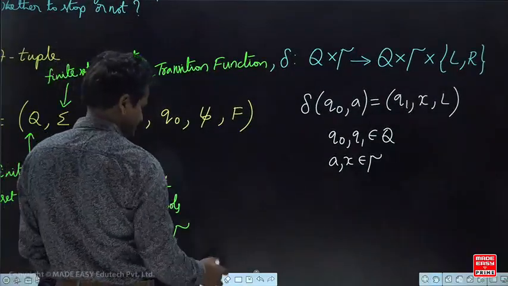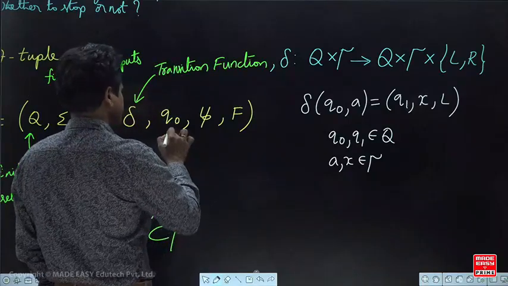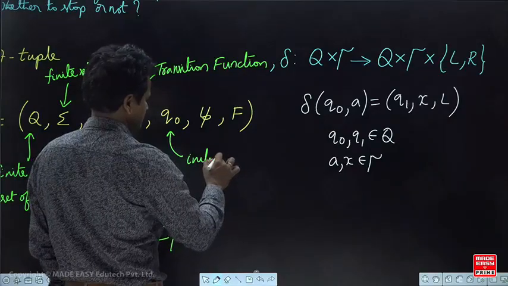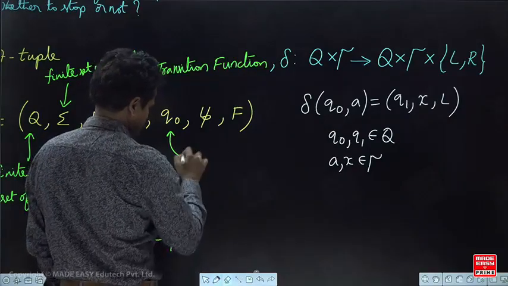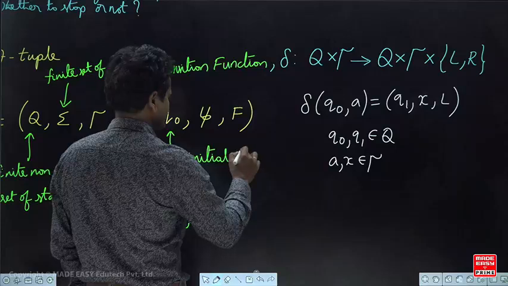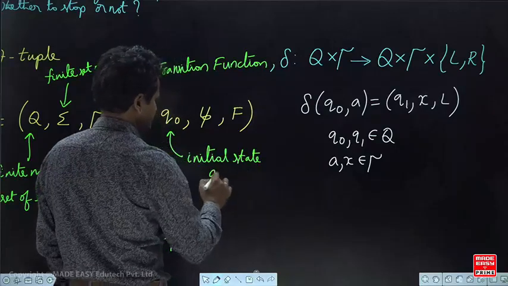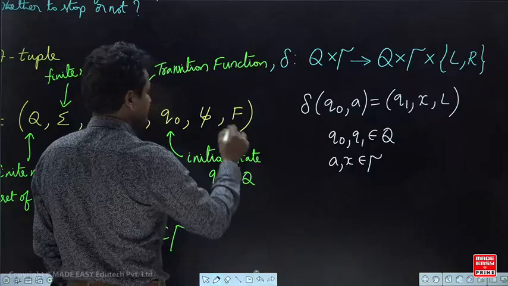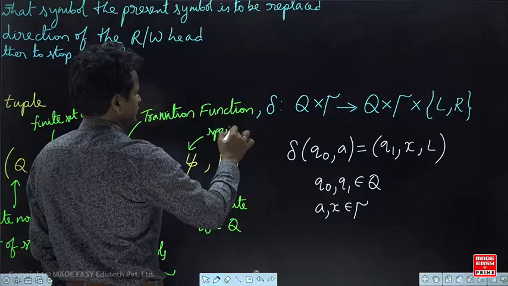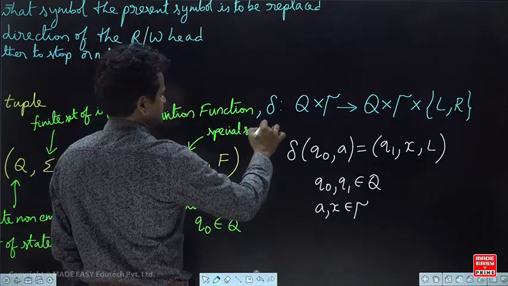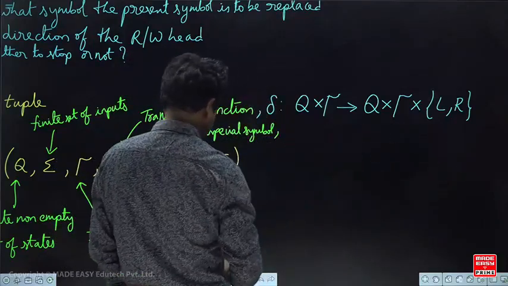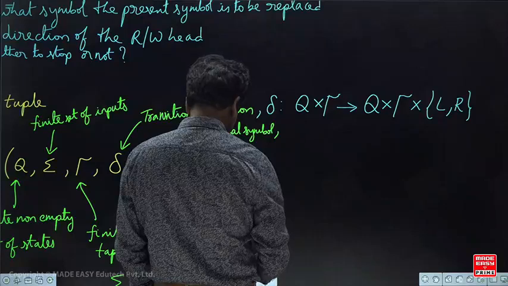And you know very well, this is the initial state. Every automaton must have a starting state, and the initial state is one of the states from set Q. This is a special symbol called blank.